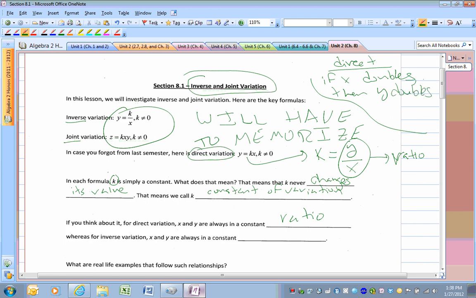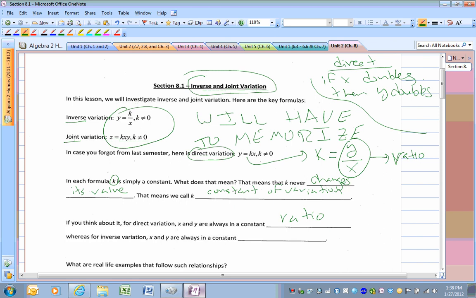What if y is 6 and x is 2? Now let's say I double x, so now it becomes 4. So what happened to y? It would become 12. Double. If I had 6 and 2, then if I had 4 at the bottom, y has to be 12. That's why it's called direct, because they go in the same direction.